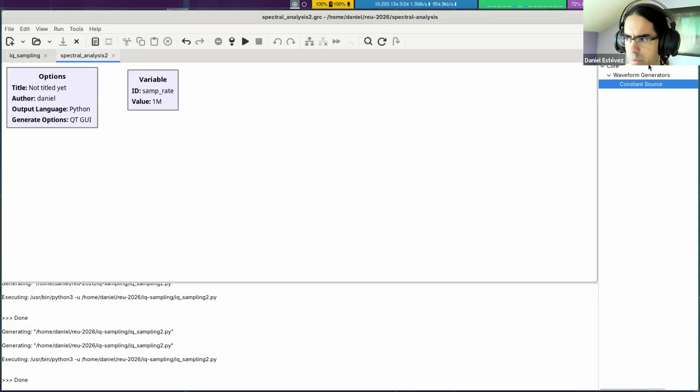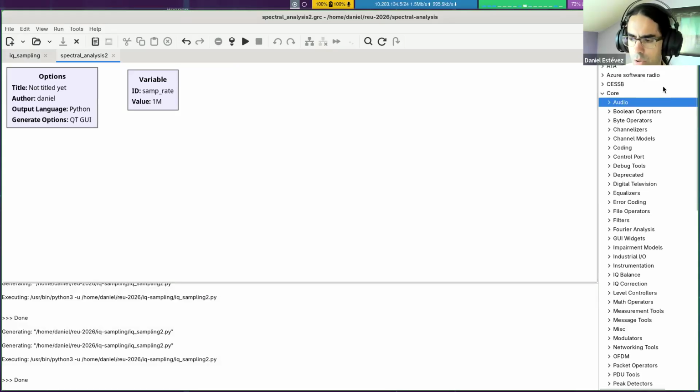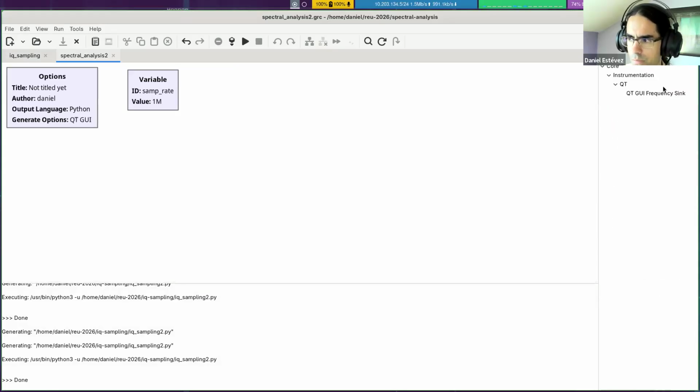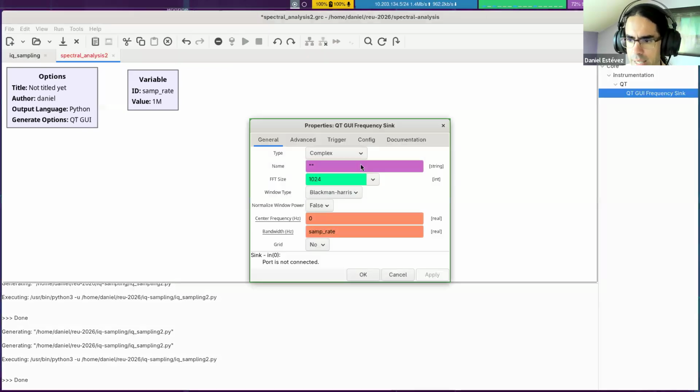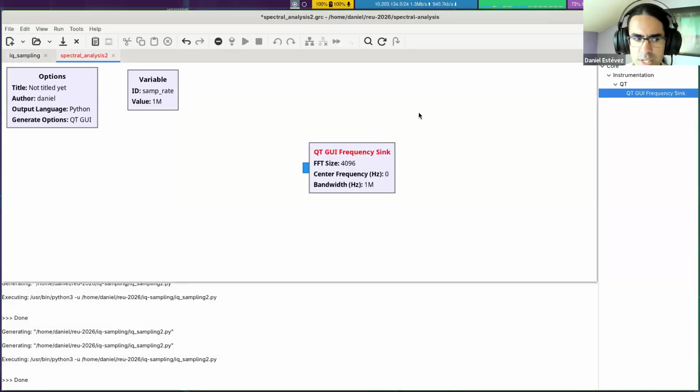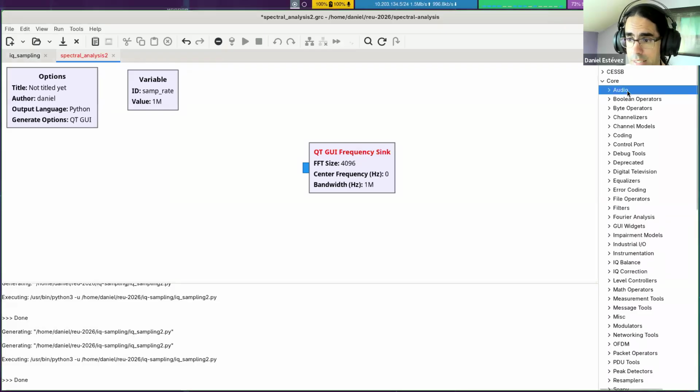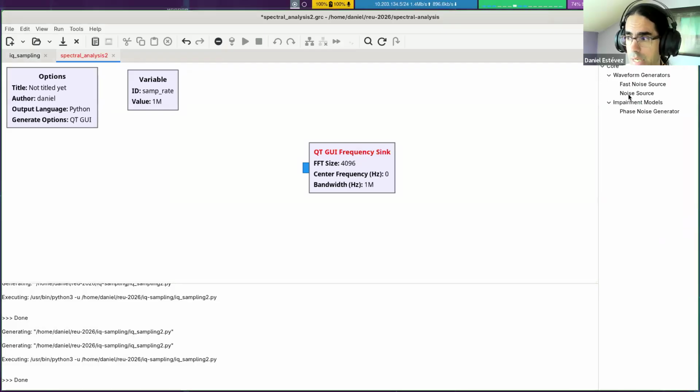And let's begin with something really, really simple. We know already that to display signals in the frequency domain, we can use this frequency sink. A very basic signal is noise. And we have seen that real world receivers always have some noise floor.